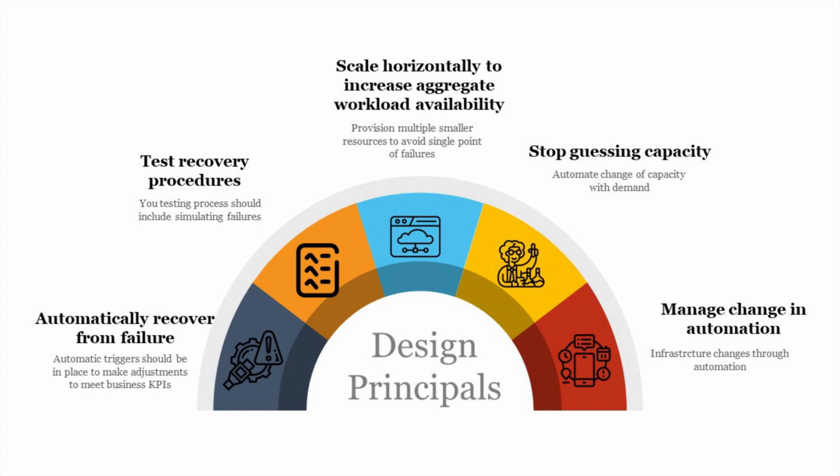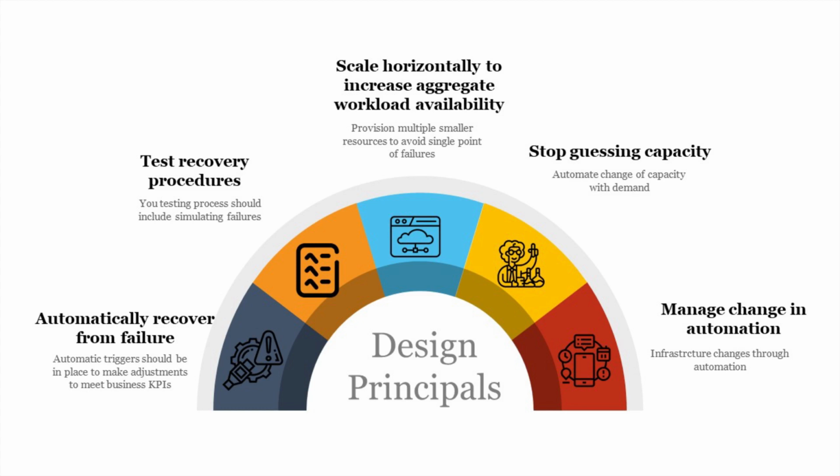2. Test recovery procedures. Apart from testing your workloads for normal functionality, you should also test how they recover from failures. With the cloud, this can be made easy by automation to identify various failing components and making sure the recovery paths trigger in order to maintain consistent outputs. 3.